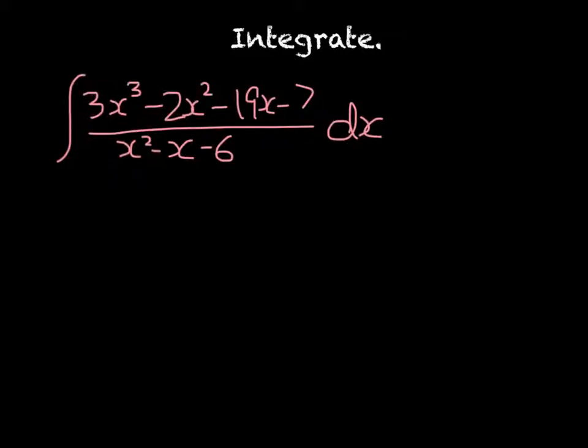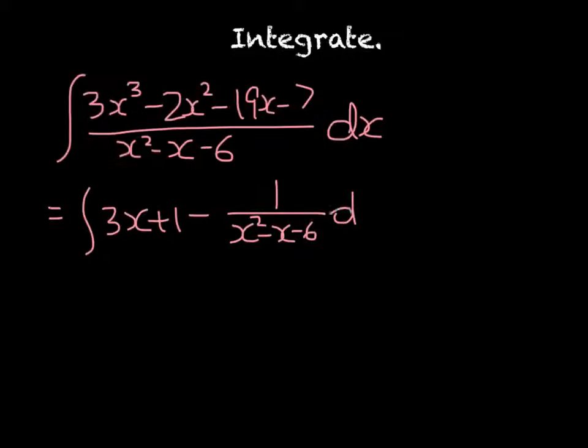This means we can now rewrite our integral as the integral of 3x plus 1 minus 1 over x squared minus x minus 6 dx. Now we know how to integrate this part, and with this part we can now create some partial fractions.